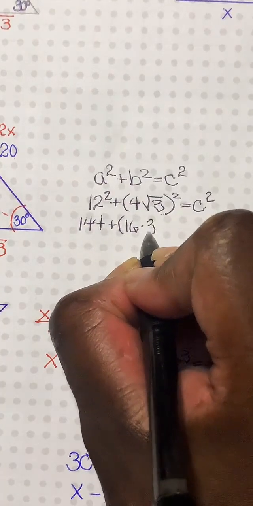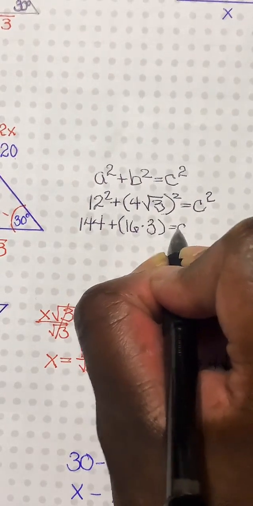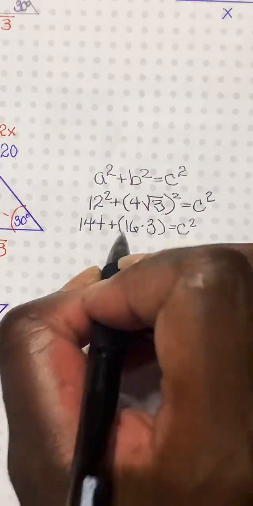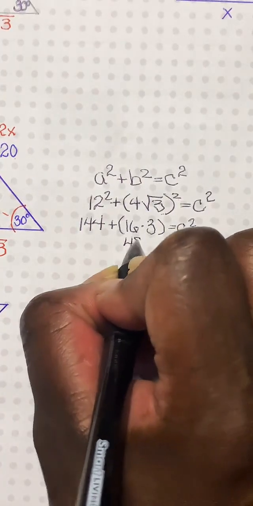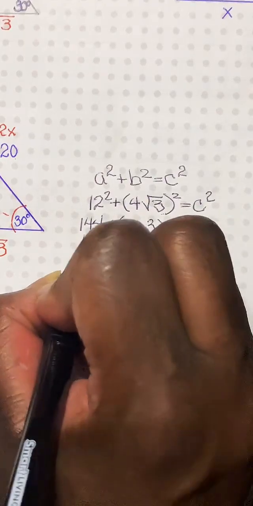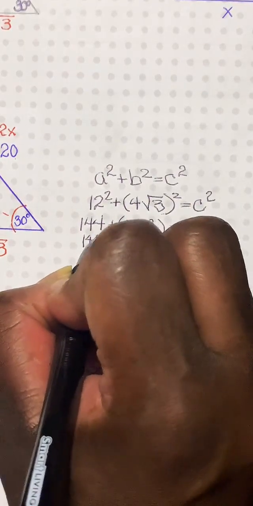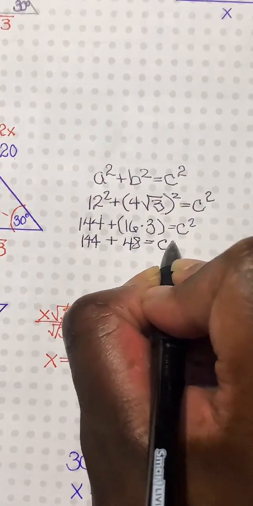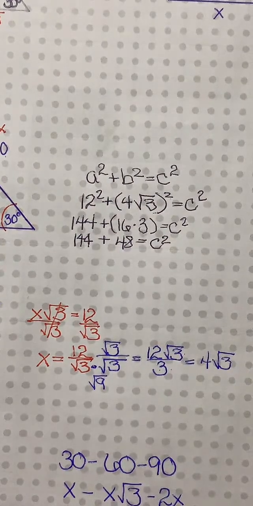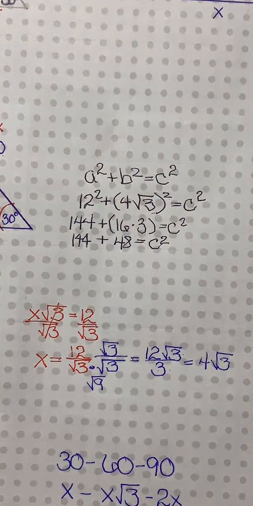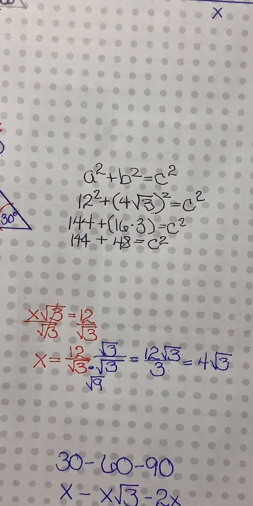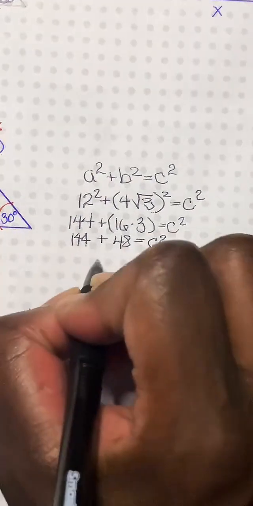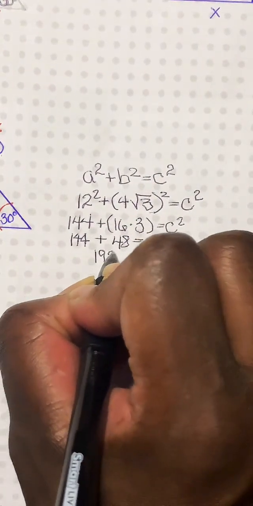So that gives me 3. So now our 16 times 3 gives me 48. And we're going to add that 144. And I think this is why somebody was giving me like 100 and something for our answers. So we got 192.